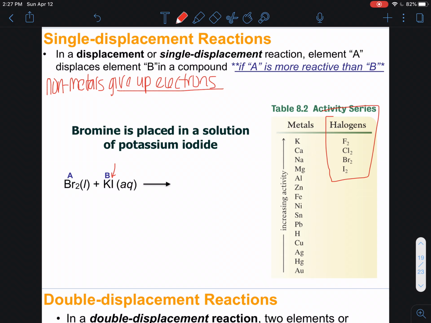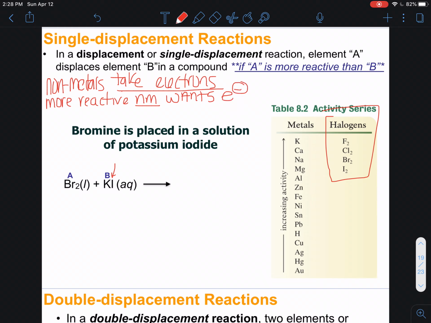Nonmetals take electrons, and the more reactive nonmetal wants electrons.